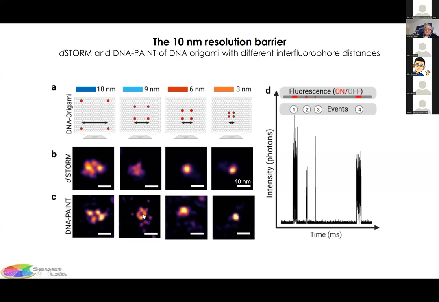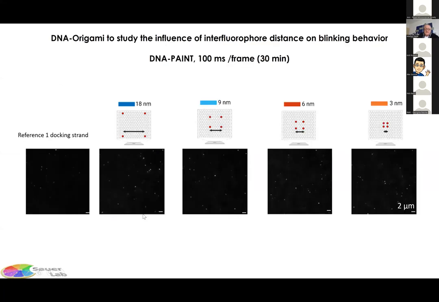But then if you do some analysis of the on and off rates, you see that, well, the videos are not running, but I can explain it. These are DNA-PAINT experiments. On the left-hand side, it's a DNA origami carrying just a single docking strand, and you see blinking throughout 30 minutes imaging time.